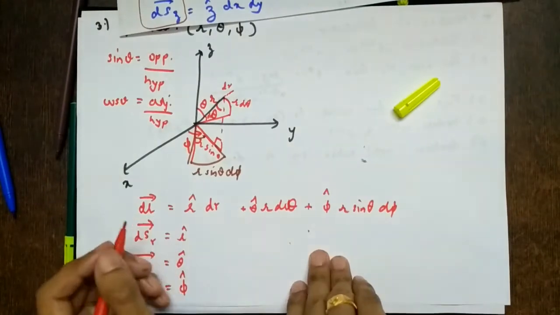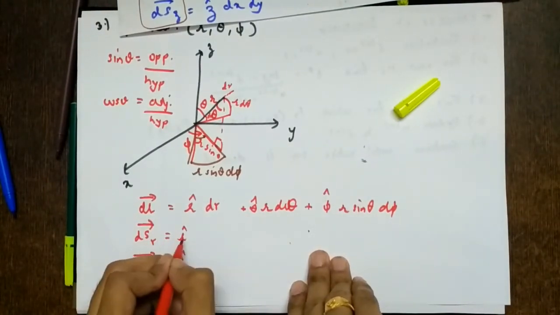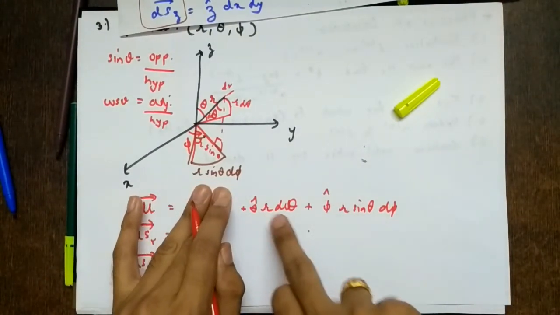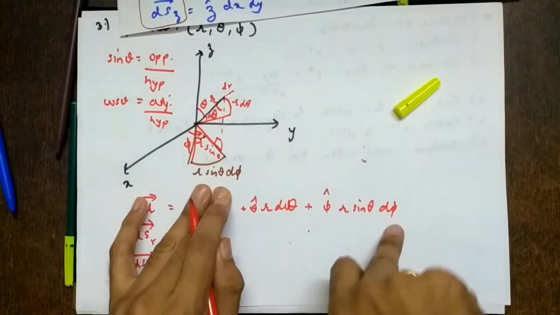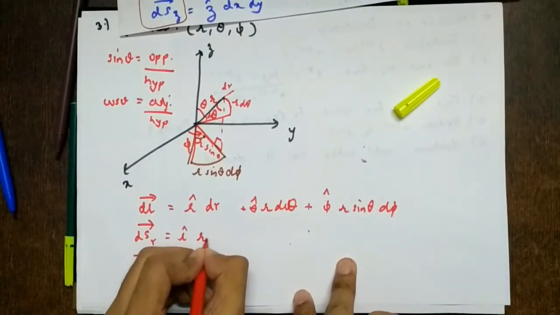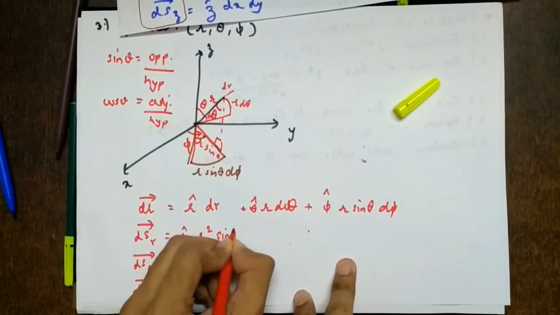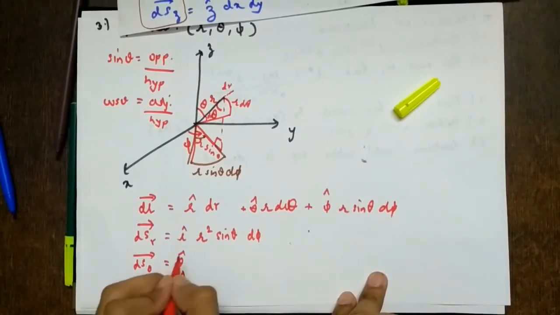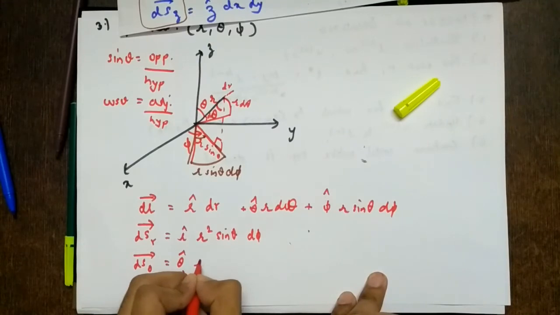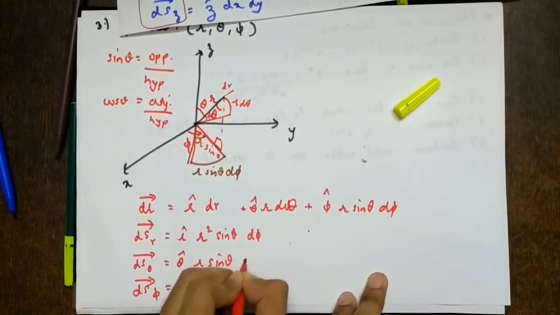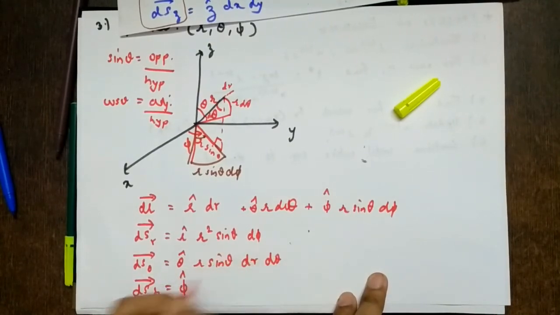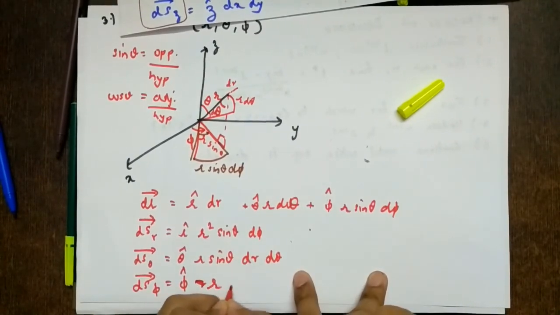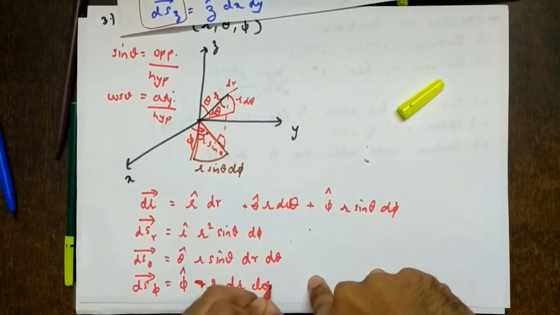So we don't have to think much. So for r cap, remove r and take r d theta into r sin theta d phi. So r square sin theta d theta d phi. Then theta cap, what will it be? r sin theta dr d phi. Then phi cap, it will be r dr d theta.